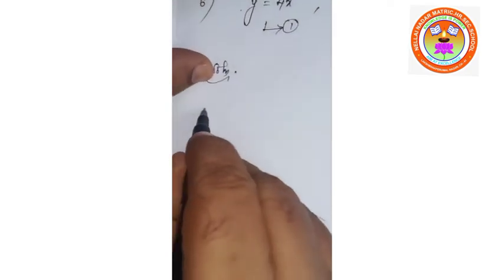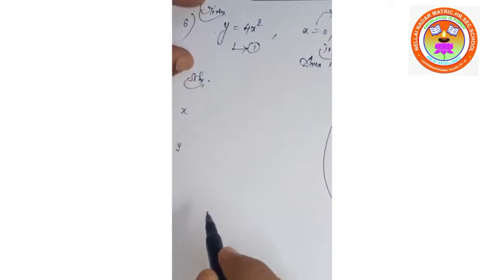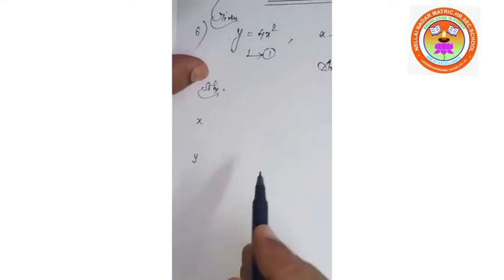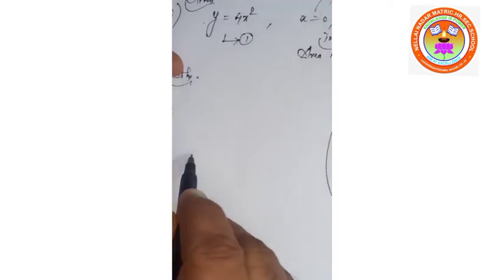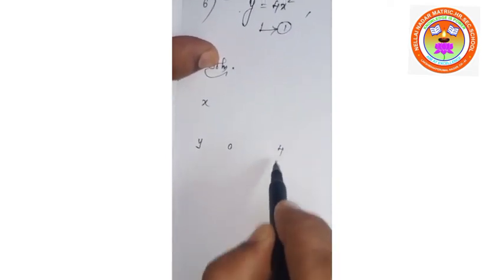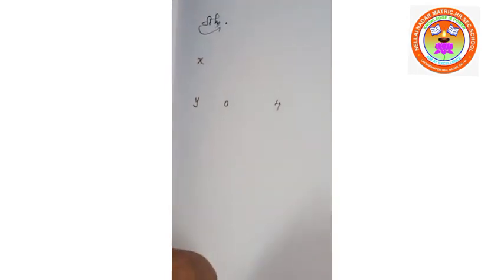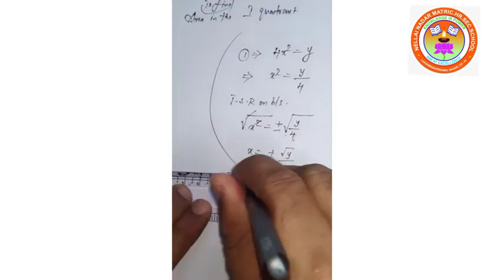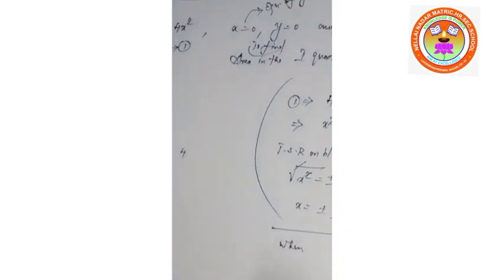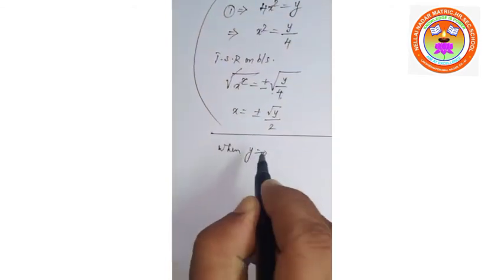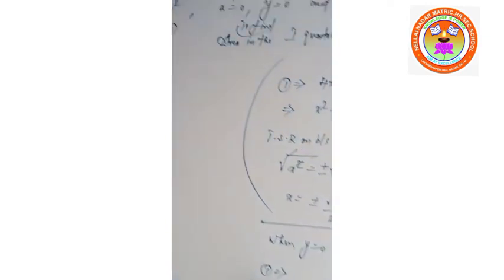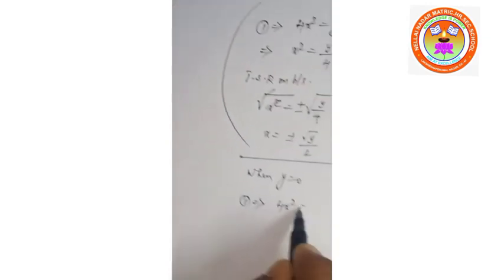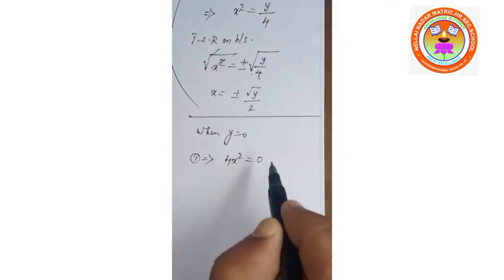Now write x and y. We have to trace the curve. Here we are given y equals 0 and y equals 4. When y equals 0, equation 1 implies 4x squared equals y, and the value of y is 0.